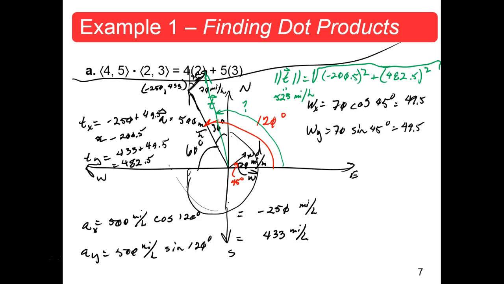Okay? Now, how about using these two numbers we got here? The x piece and the y piece. What's their relation to bearing? That's the trigonometric values, sine, cosine.